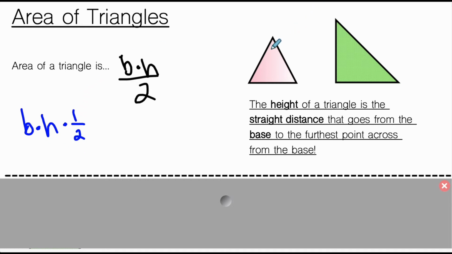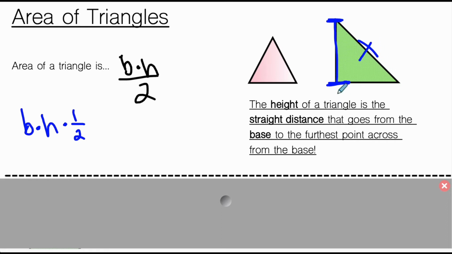The other thing we talked about was what is the height in a triangle? If you have a triangle like this green one, then the height is going to be this measure right here. I'll trace it in blue. Why? Because the height in any triangle goes from the base to the point that's furthest from the base, but it has to be a straight line. So it could not be this side because this is not a straight line.